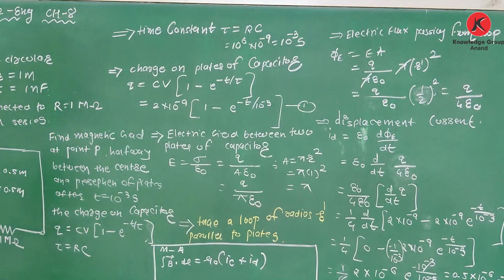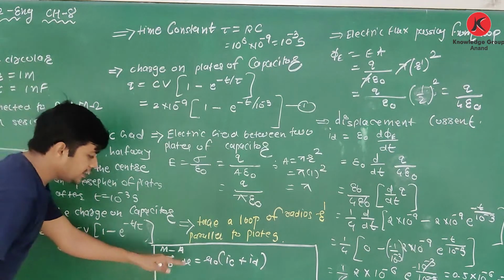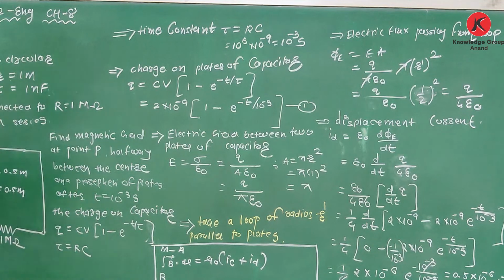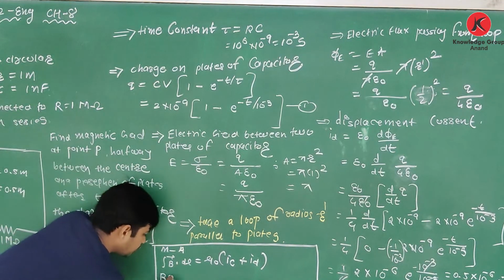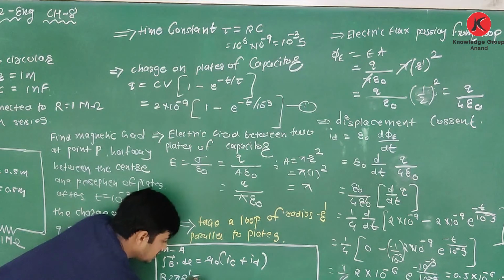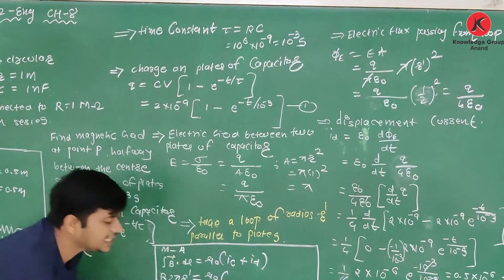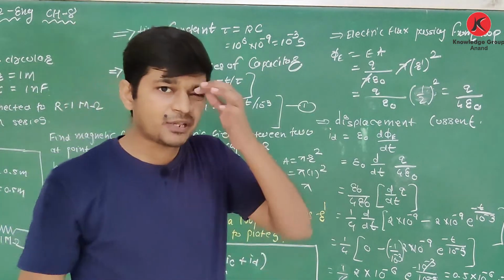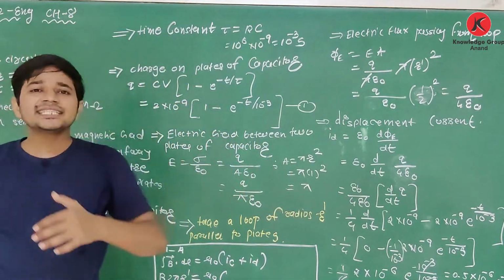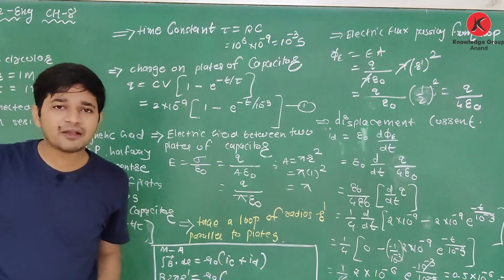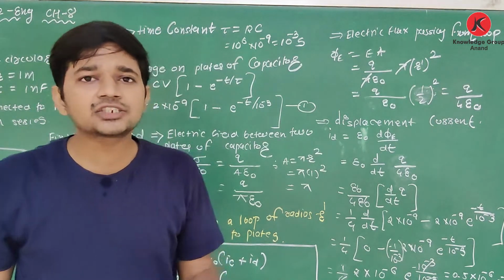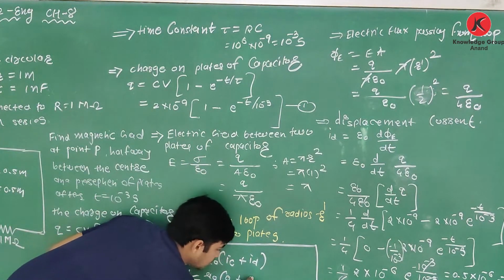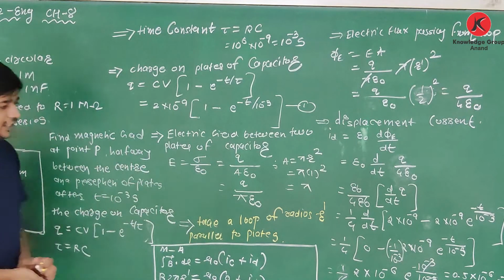Integration B dot dl, B is what we have to find. dl is the circumference of this loop, and that circumference of the loop is 2 pi r dash, equal to mu 0 IC, as this point P is between the two plates of the parallel plate capacitor. We know that IC, the conduction current, is outside the capacitor. Inside the capacitor there is only displacement current. So the value of IC is 0 and plus here it is the value of ID.